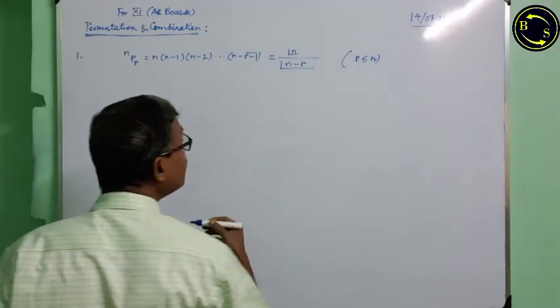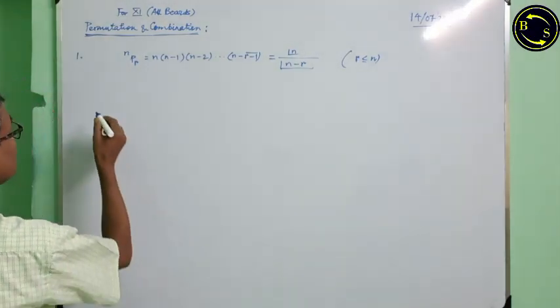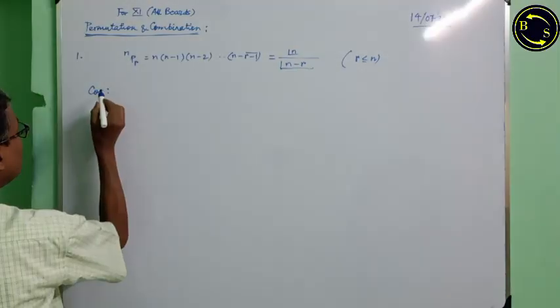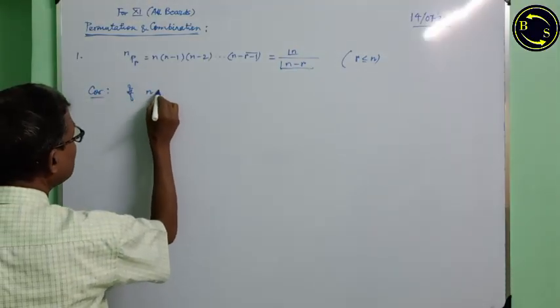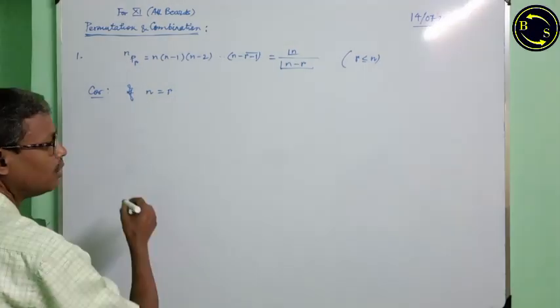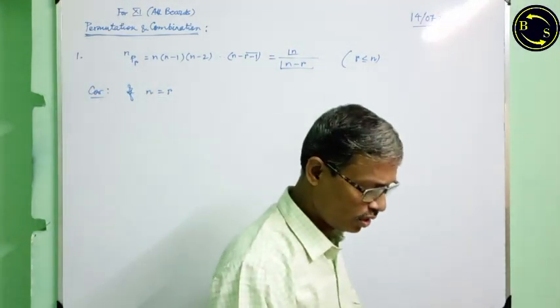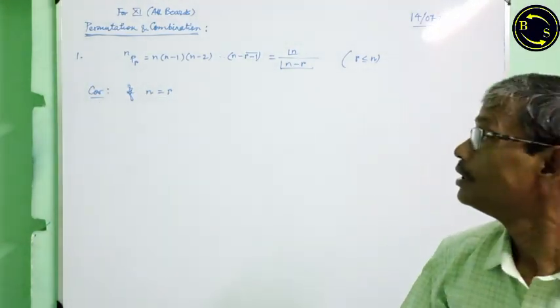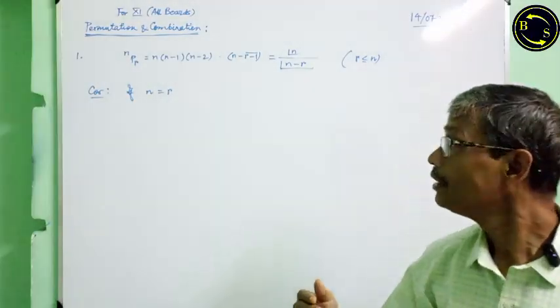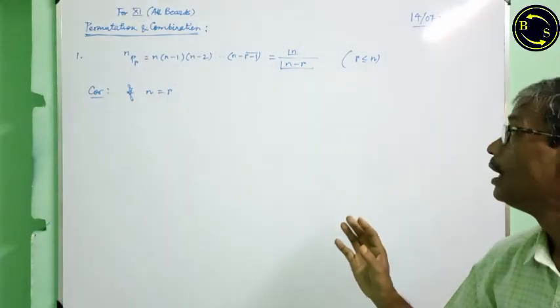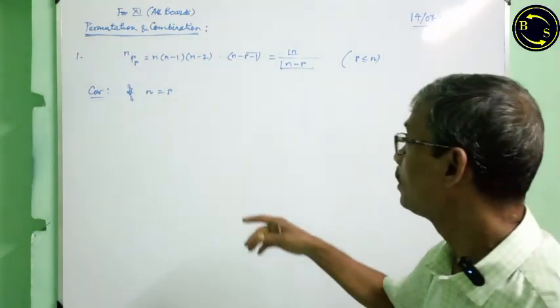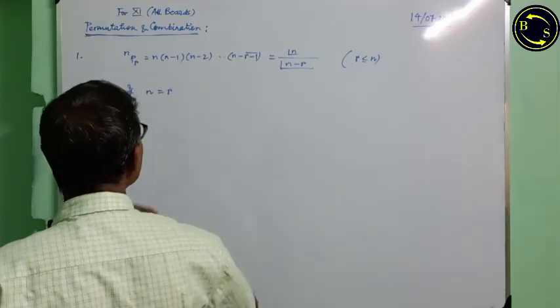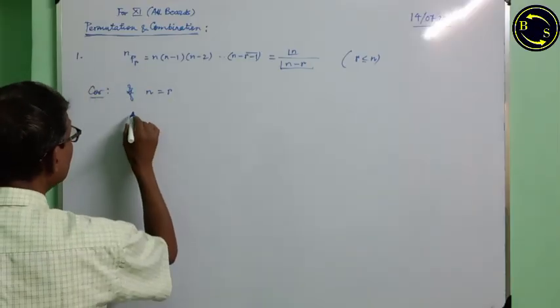Now, as a corollary, if n equal to r, meaning we are taking all the articles of the given n different articles and arranging, then the total number of arrangements will be as per this expression.